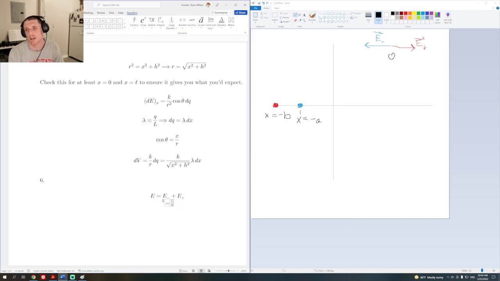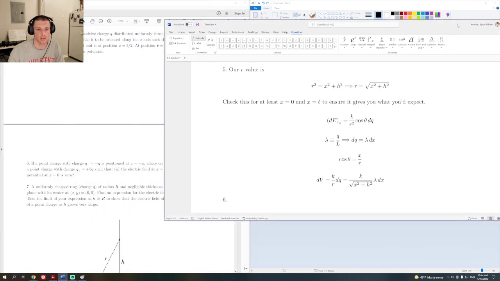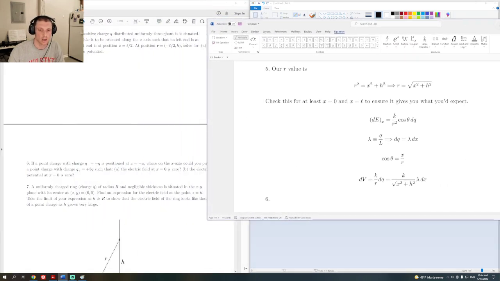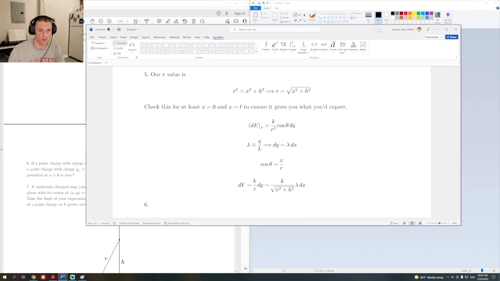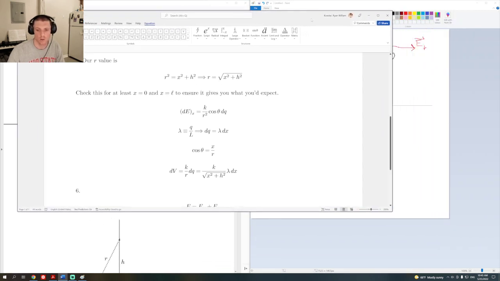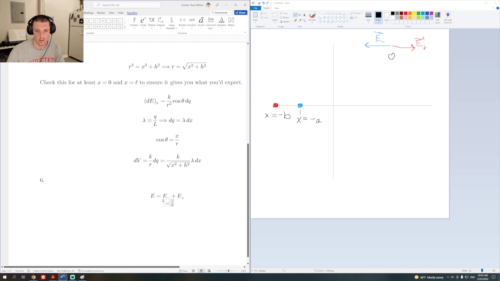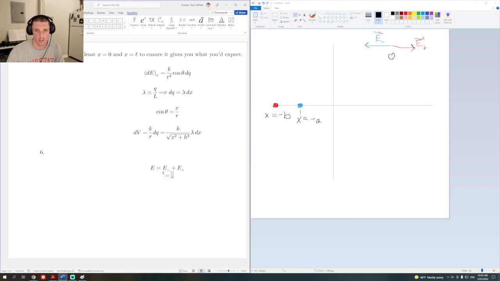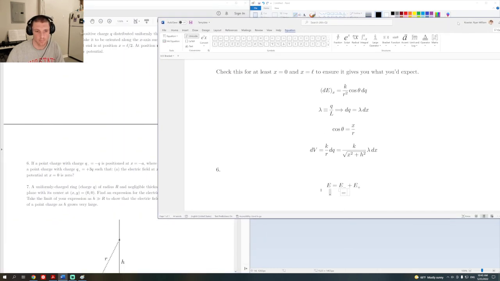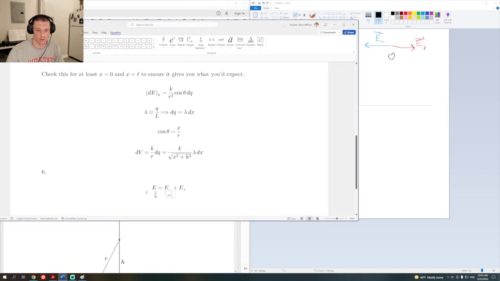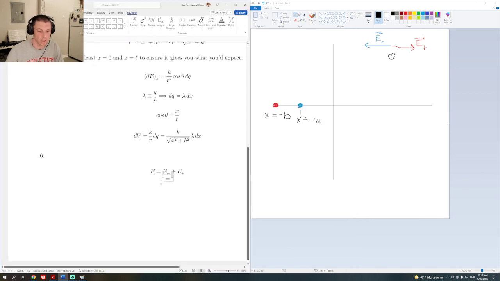And we know that E minus should point to the left. So I could write E minus any number of ways, and this is another good example of what we were talking about earlier. So what I will do is maybe just write it like this. I could write KQ minus.